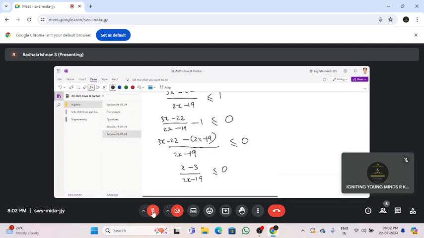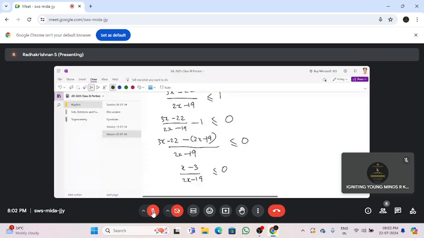Now you see, this is less than or equal to 0. A fraction will be less than or equal to 0 or negative when one of the numerator or denominator is negative. Okay, so one positive, one negative. Then only the fraction will be negative. Right? So that is how you should do.